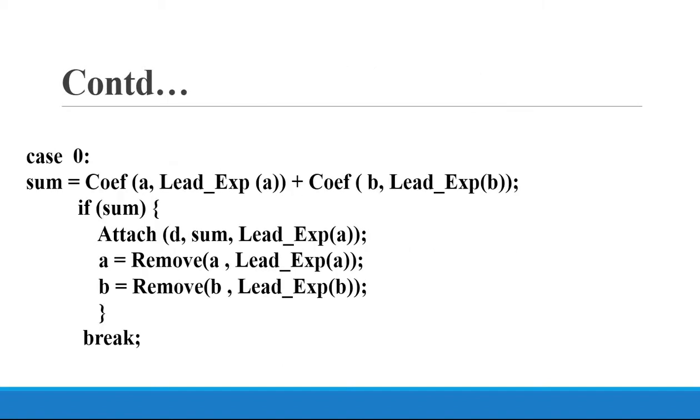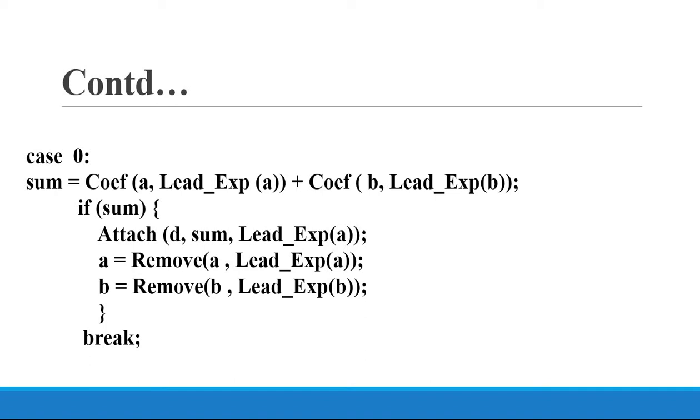Now, when we compare the present terms' exponents of polynomial a and b, if both exponents are the same, then the compare macro will return 0. In such a case, we have to add both the coefficients of polynomial a and b and store it in sum.